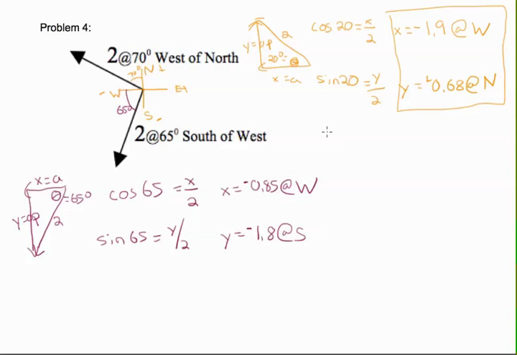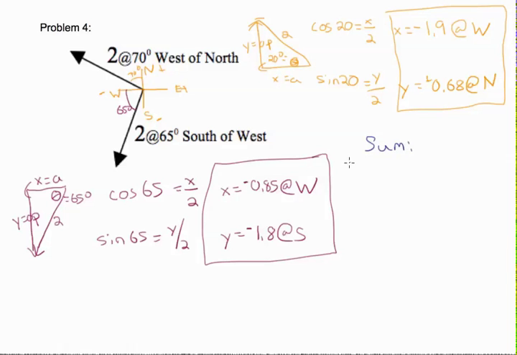Now we could get the sum of these two. For x, we would have negative 1.9 plus negative 0.85, and we get negative 2.75. And because it's negative, we would know that was at west.